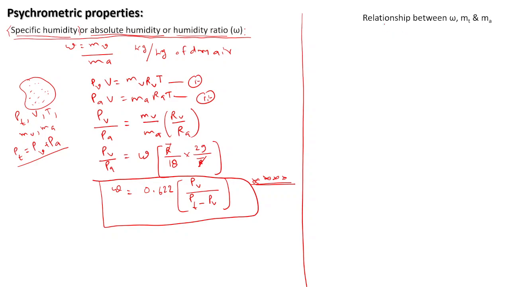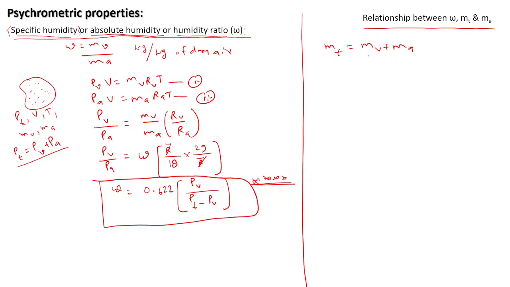So now one more thing, the relationship between omega, MT and MA. What is MT? MT is the total mass, MV plus MA, omega is our specific humidity, and MA is our dry air mass. Do anyone know the relation between them? MT is MV plus MA. Is it correct? Yes, sir. So we know MV by MA is omega.